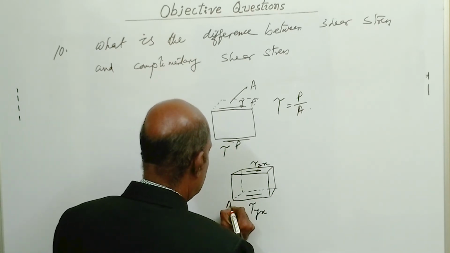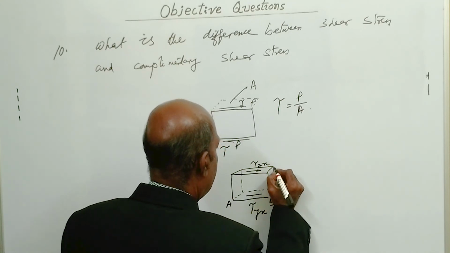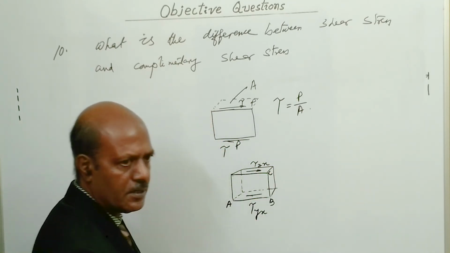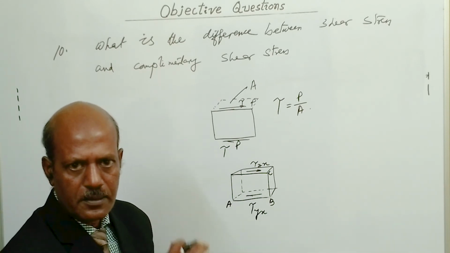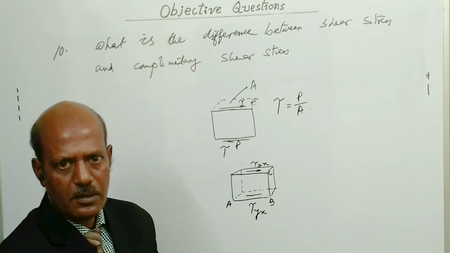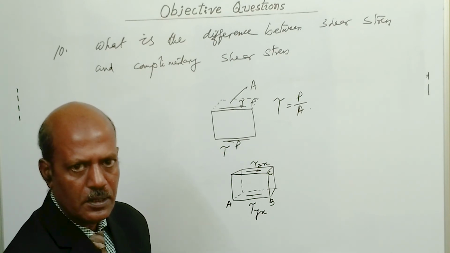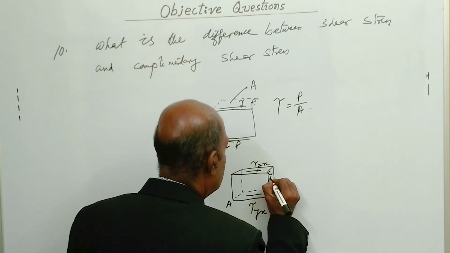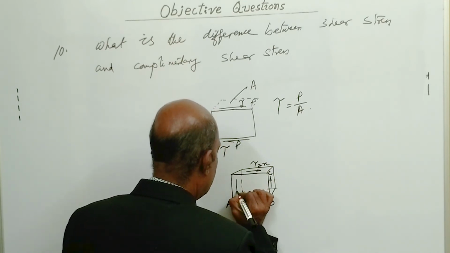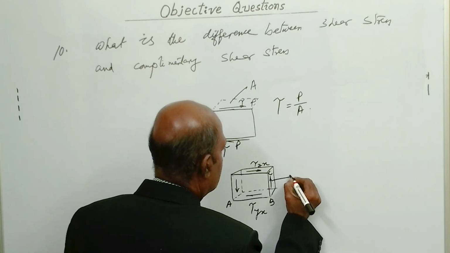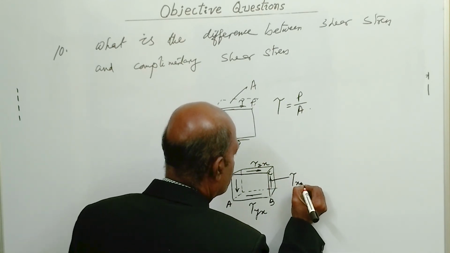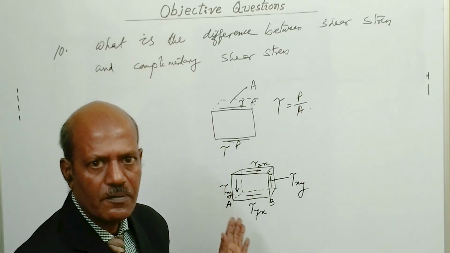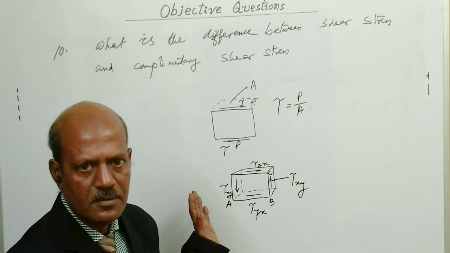Let the length be AB and this be C. Now because of this shear stress, the body will rotate. To maintain the equilibrium of the body, an equal and opposite stress is developed in the body. That stress is denoted by tau xy. Tau xy is called complementary shear stress.